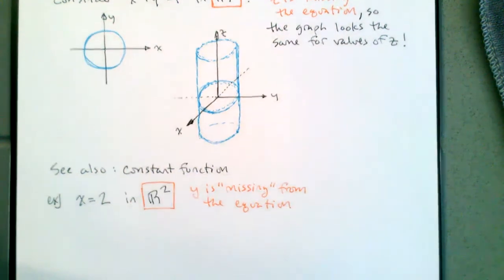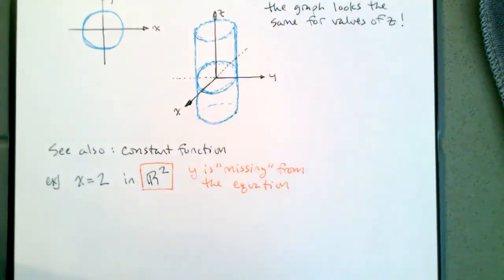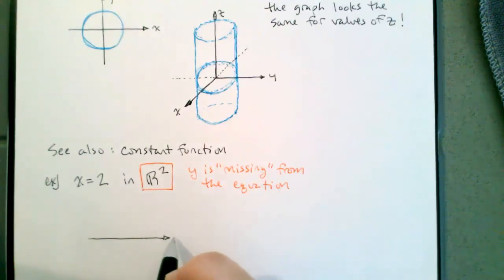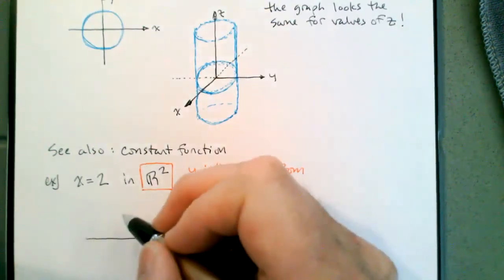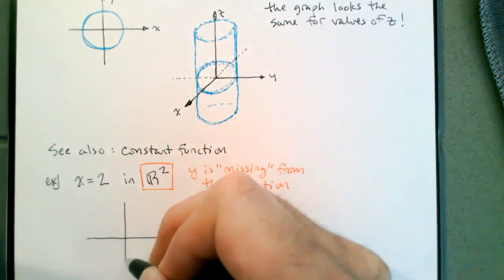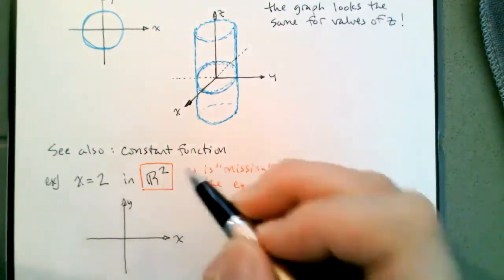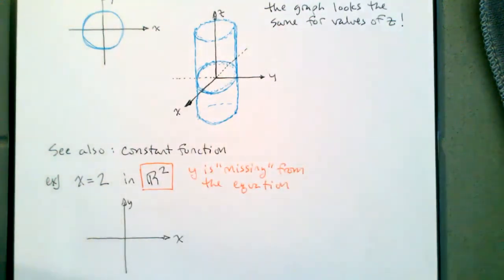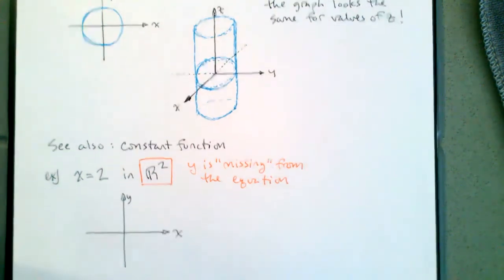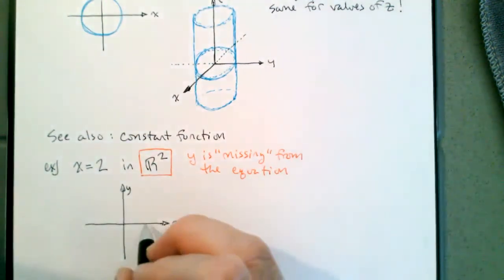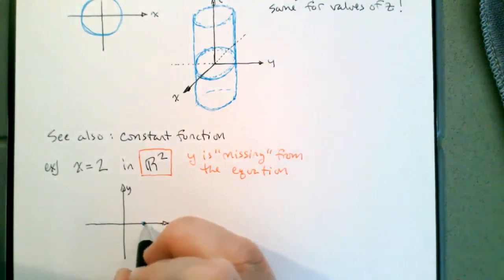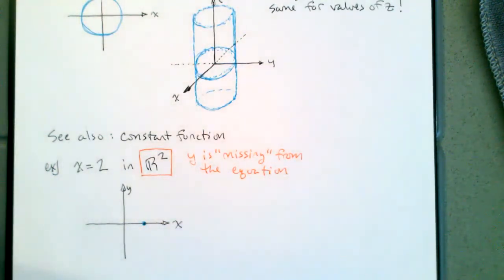Well, in R2, we know what x equals 2 looks like. In R1, if we just have R1, we just plot the point x equals 2. It's just that point. But in R2, we don't care about what y is.